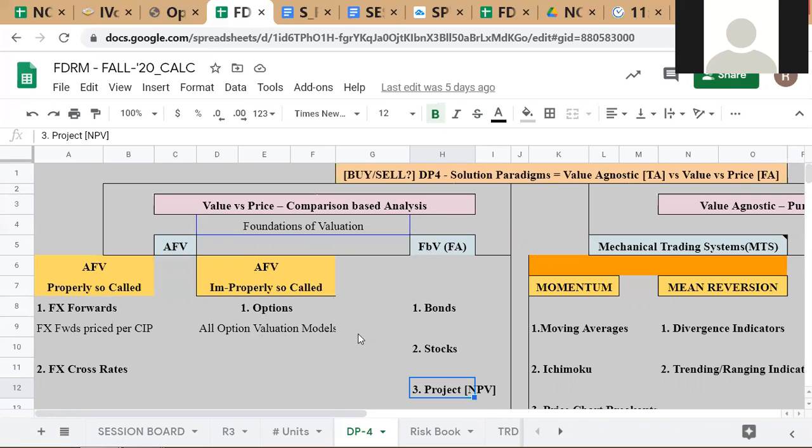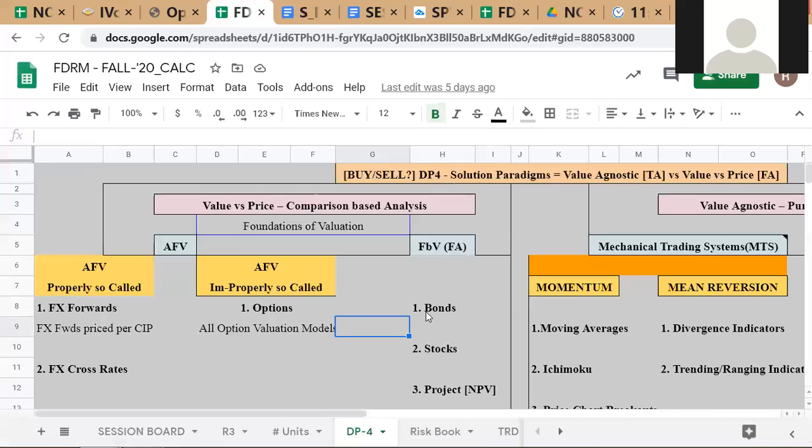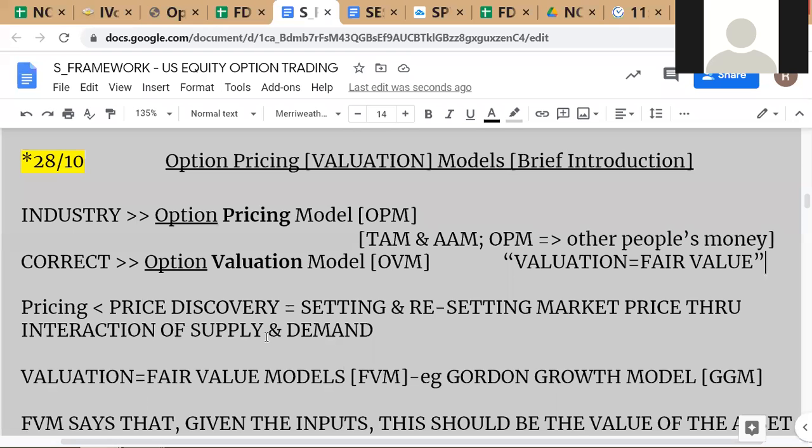By subjective I mean that they are based on the subjective opinion of individuals. So different individuals may come out with different fair value estimates. All right, and we'll explain to you why that happens in the case of OVMs. But nevertheless, they are subjective.